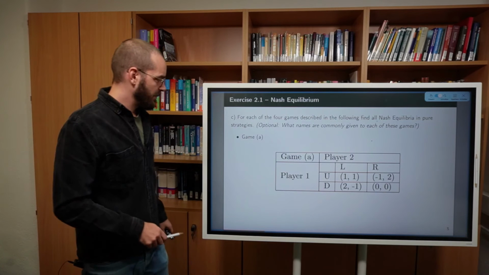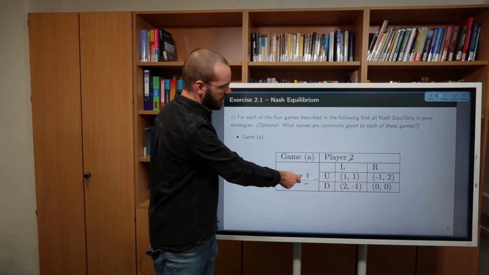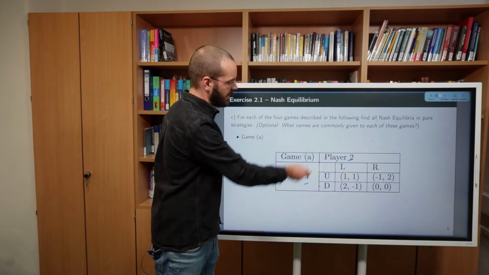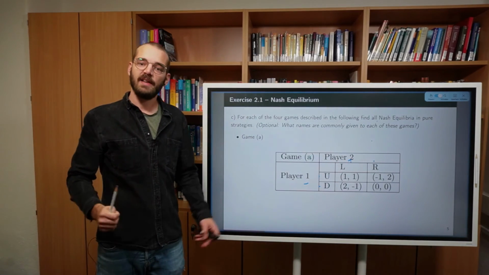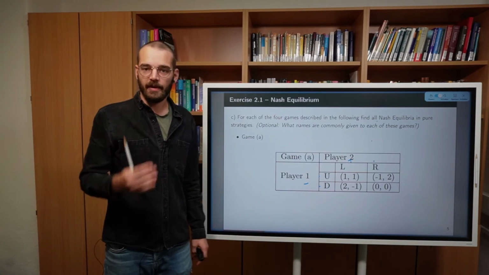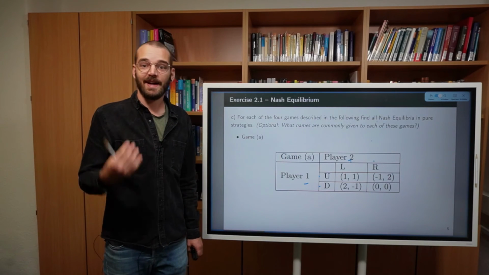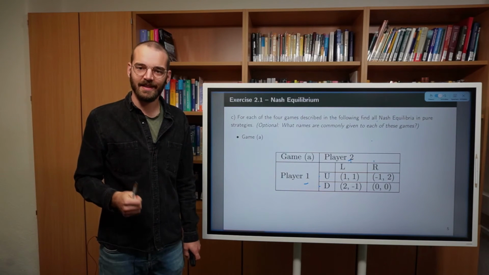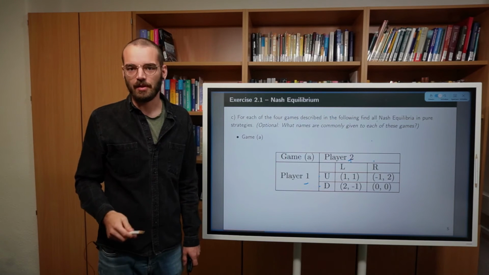So in this game we have player 1 and player 2. Player 1's strategies are written in the rows. Player 2's strategies are written in the columns. Now let's find the Nash equilibrium, or in other words, let's find the best response of all players towards the best responses of all other players.